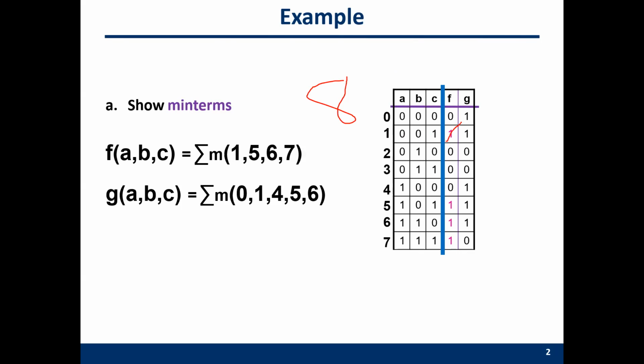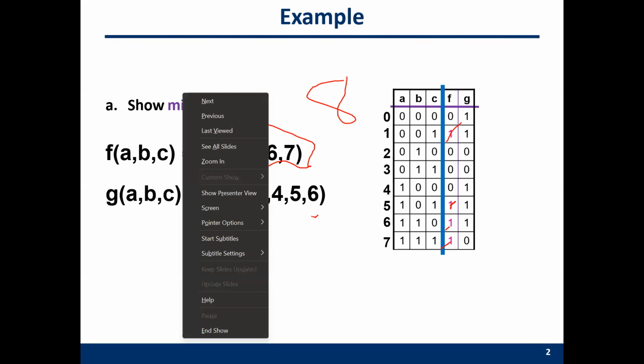For example, this row for F, this row, and this row. So totally we will write the sum of the minterms like this. Each row which can generate a 1 can be represented by 1 minterm. So row 1, row 5, row 6, row 7 each have a minterm which can generate a 1. And we just need to sum them together. And we can use the same principle to write G like this.